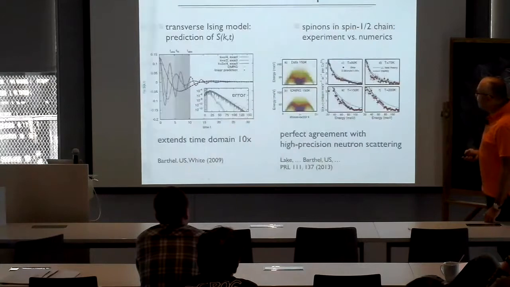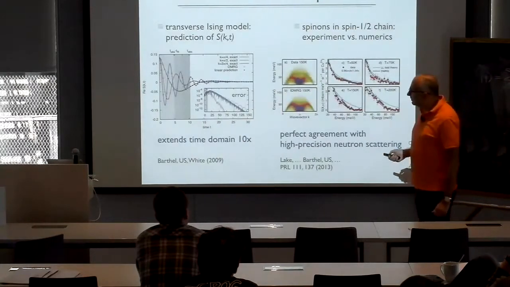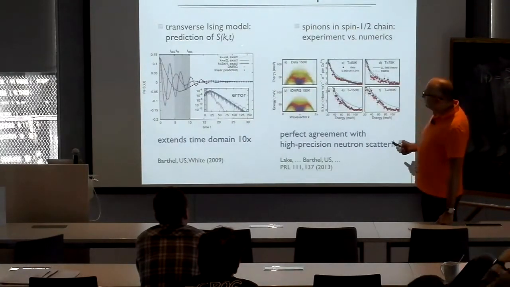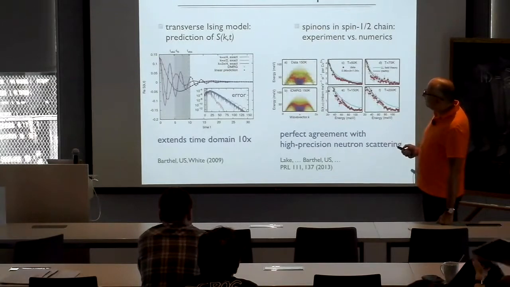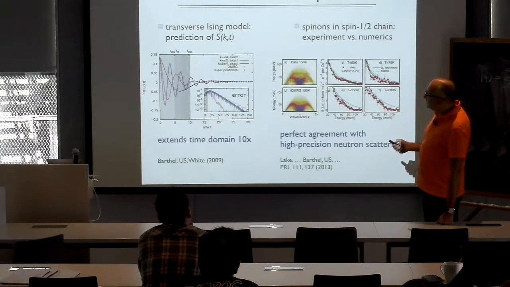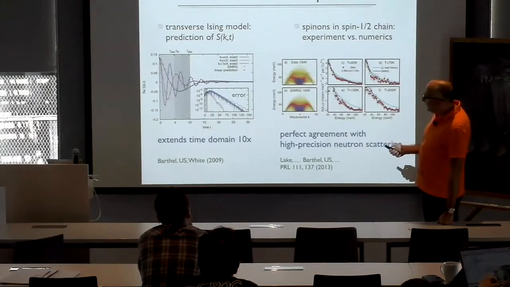So just to show you how it works, this was, of course, the simplest thing possible, the transverse Ising model. This is spin correlation in momentum space and time. For different k values, you have these curves. You can do that numerically.